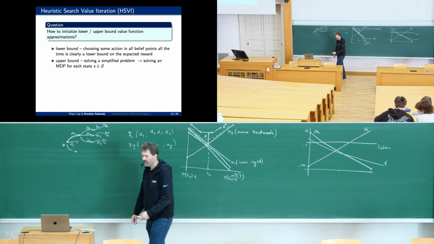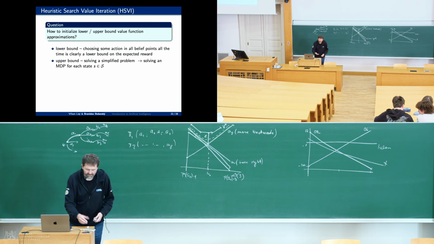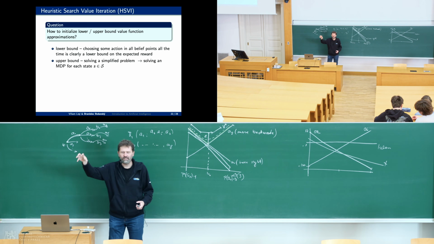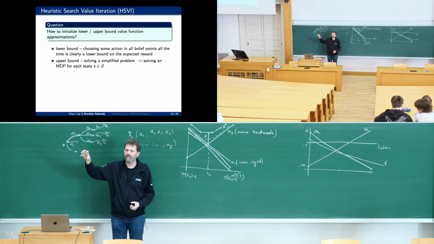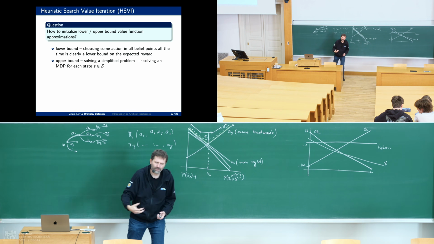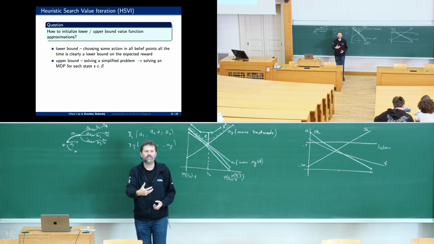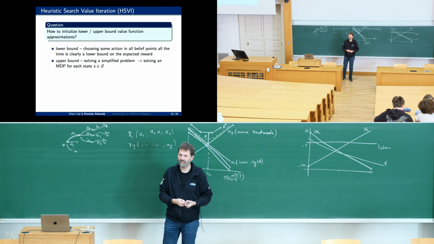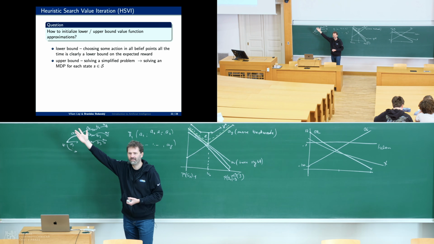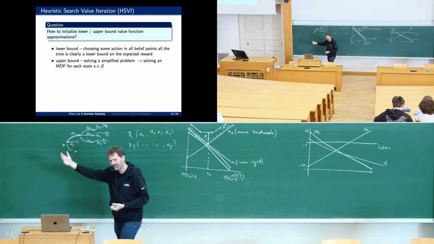Okay, so this is how we initialize, and these kinds of connections are really important. This is why we are talking about this, because you see the idea that we are taking the simplified problem and solving it is true for searching through the maze, but it's also true for POMDPs, right? So this is what's important.